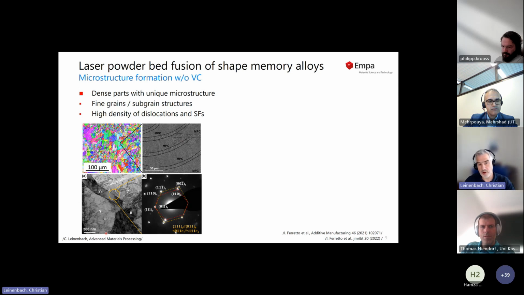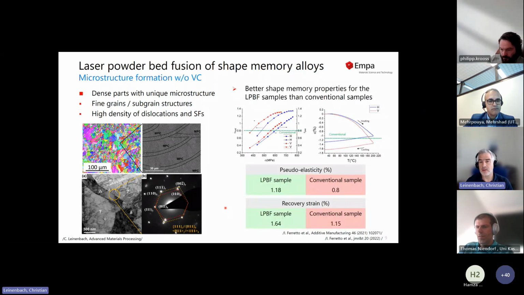And if we have a closer look by TEM, we could find very high densities of dislocations and also many, many stacking faults. And the characterization of the shape memory properties revealed that our additively manufactured alloy performs better than the same alloy fabricated by conventional methods.